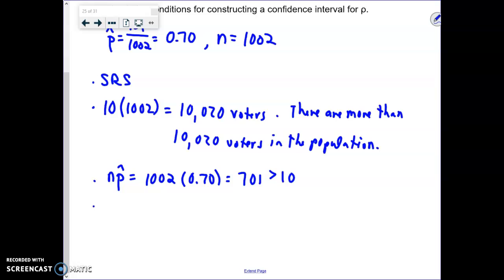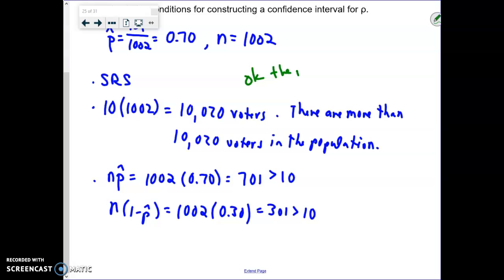And then, oops, it's not another, it's still the same requirement. n times 1 minus p-hat is 1,002 times 0.3, and that would give us 301, which is also greater than 10. So again, all three conditions are met, so it's okay to proceed. It's okay to calculate that interval.